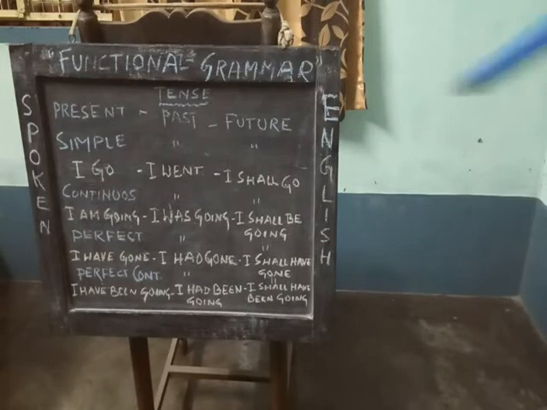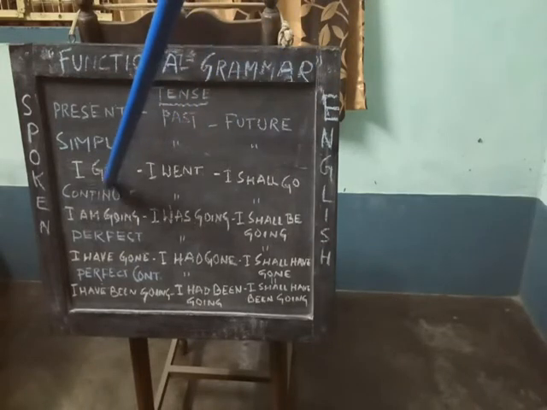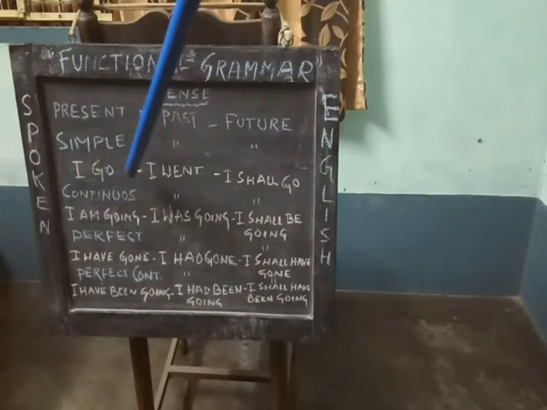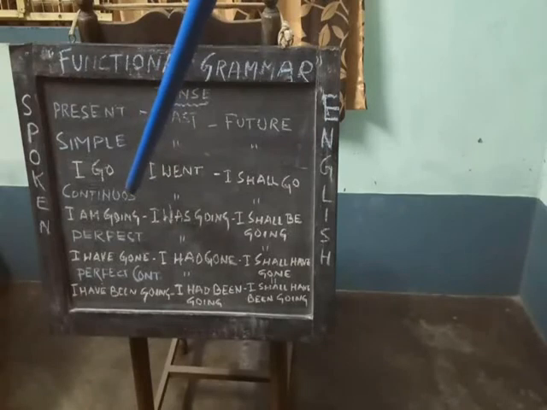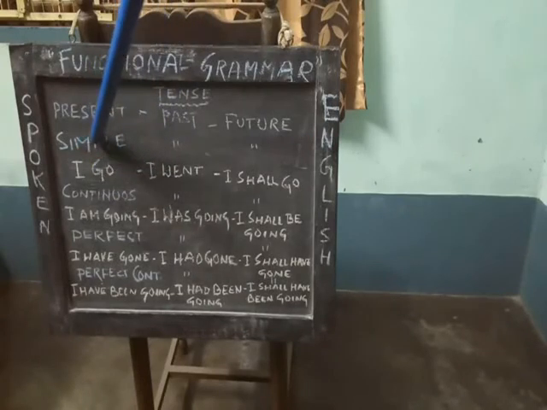I have taken a simple example of it. I go to school, I go to market, I go to playground, wherever it is. I go is a simple sentence. There are some other categories which also belong to simple tense, but due to paucity of time I am not going much deeper into this.